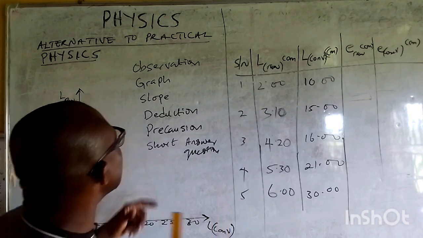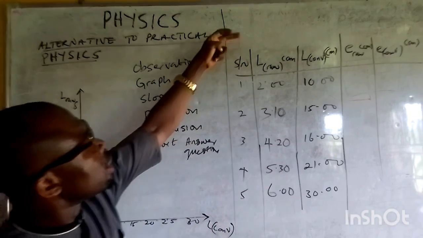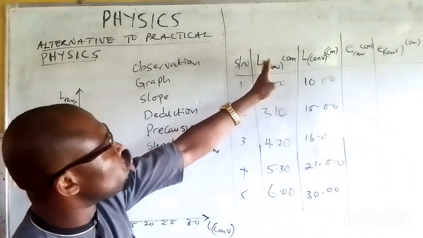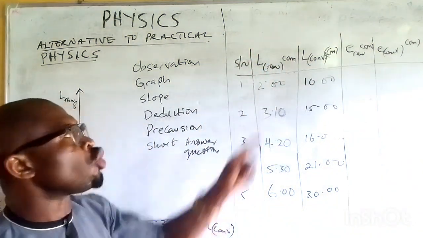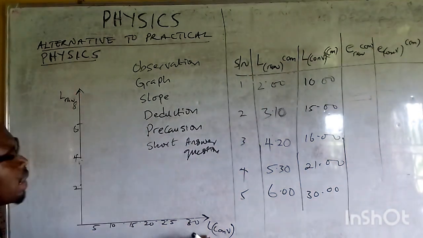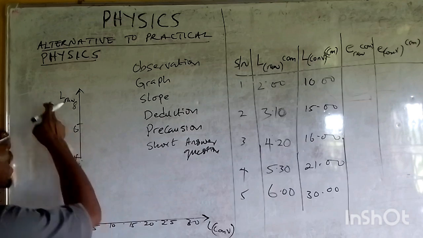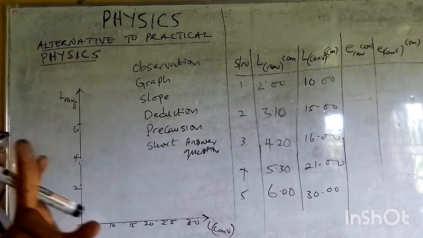Now, the next thing I want us to look at is the axis. Assuming you have been given length raw and length converted, if you are to plot this against this, you must clearly state your axis. Your axis must be clearly stated. That is number 2.